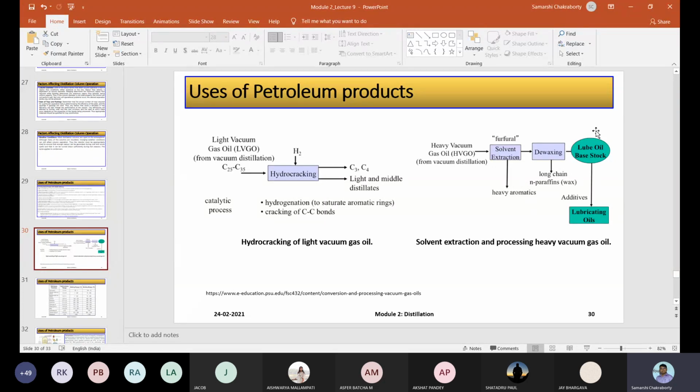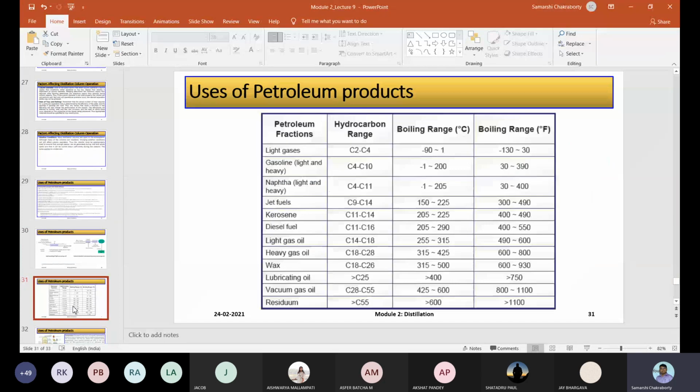Then you come to the lube oil base stock, and after adding some additives you come to the final lubricating oil. Solvent extraction and dewaxing are the processes your heavy vacuum gas oil needs to go through until it comes to lube oil grade, and some additives also need to be added.